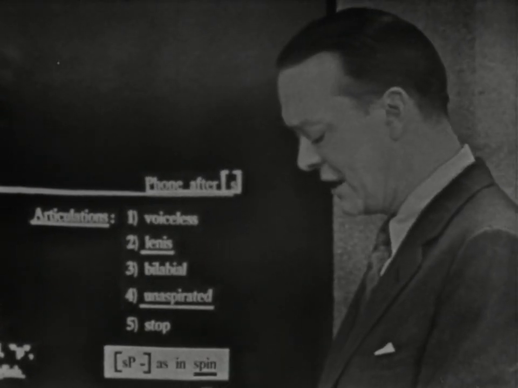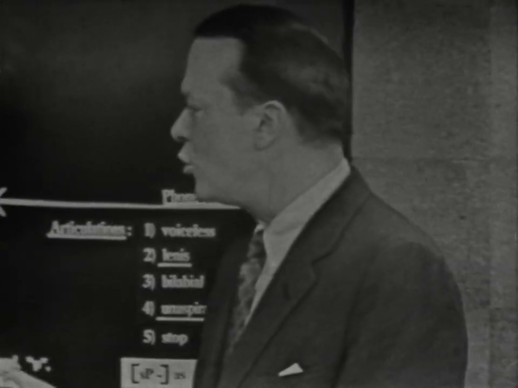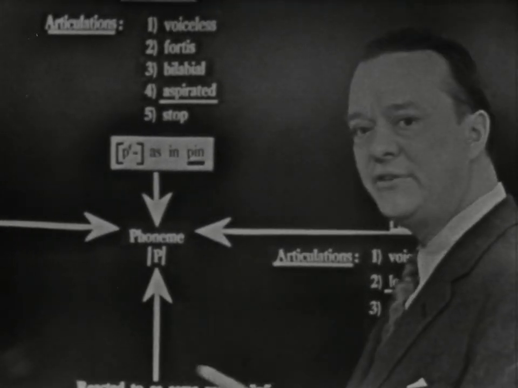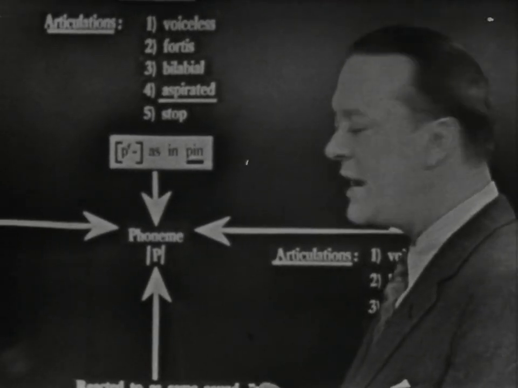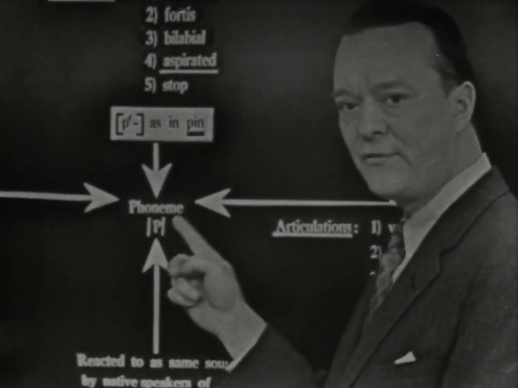Now, the thing to remember here is this, that although there are differences in these phones, the speaker of English reacts to all of these sounds, as he did the R sounds in ri and tri, as the same sound, members of the same phoneme.